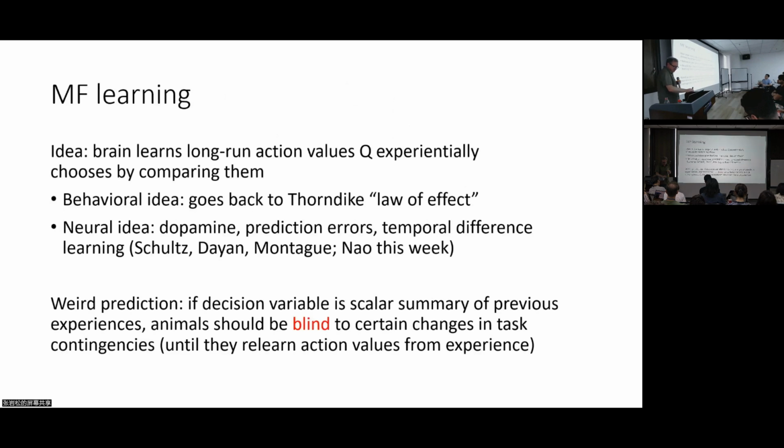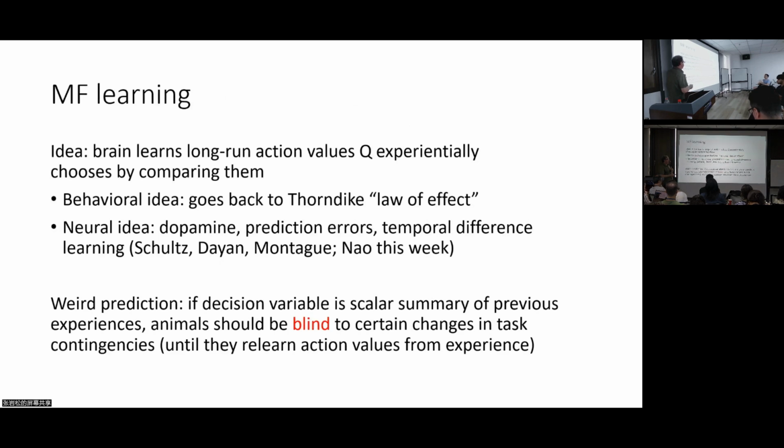About 100 years ago or more, Thorndike was identifying the laws of behavior. He had this idea called the law of effect, which was basically the reinforcement principle that if animals did something that resulted in getting reward, then they would do it more often later. This simple idea of stamping in actions that ultimately result in reward is a model-free learning idea.